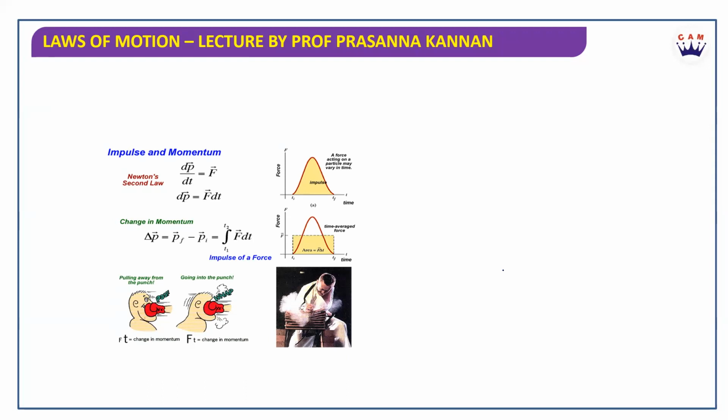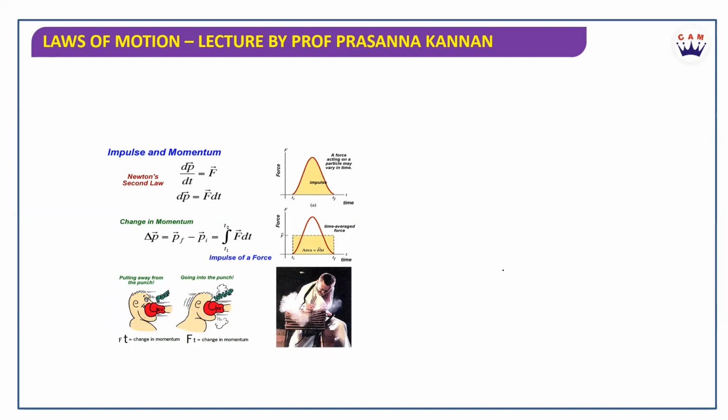So that is the integral from T1 to T2 of F dt, from time 1 to time 2, on the force-time graph. And anybody knows the geometrical meaning of integration? Louder. What? Area under the curve. You just need to find the area.